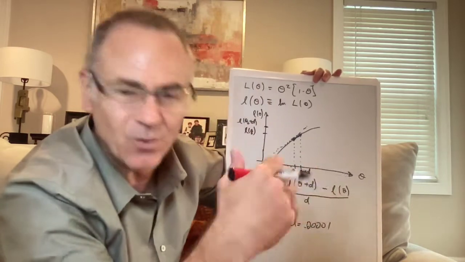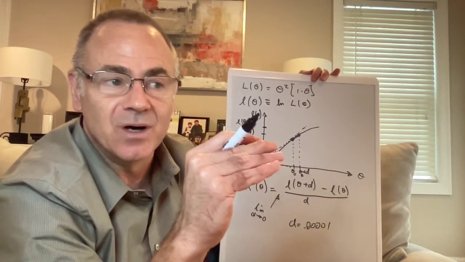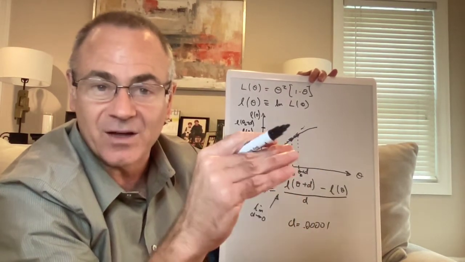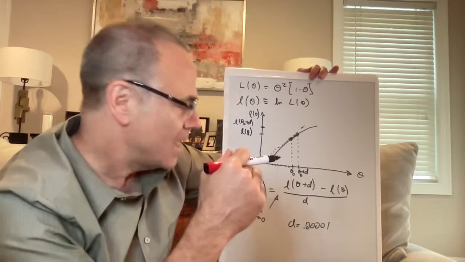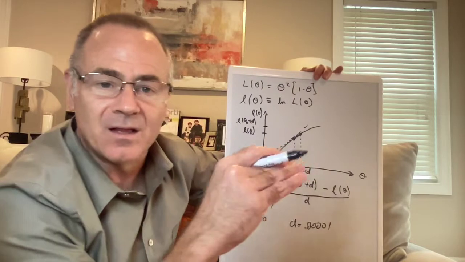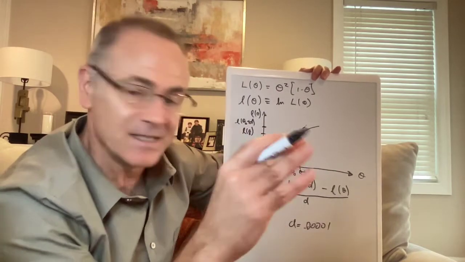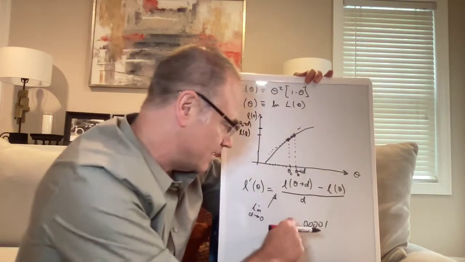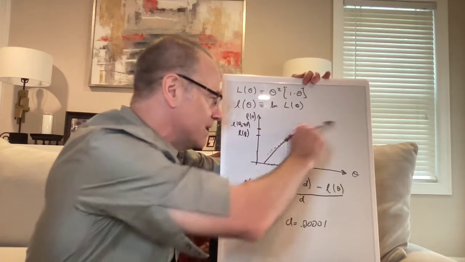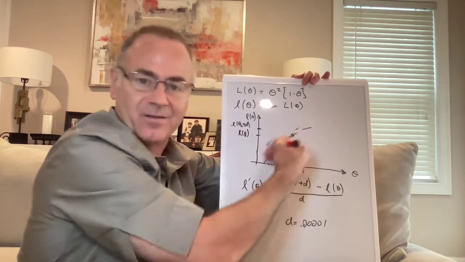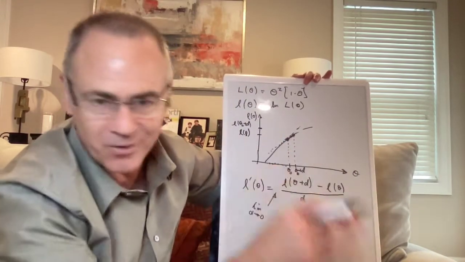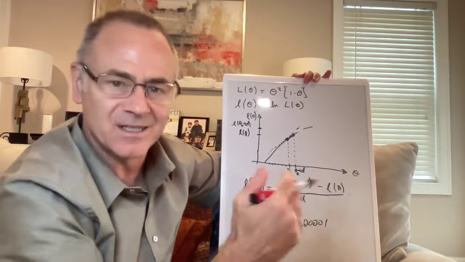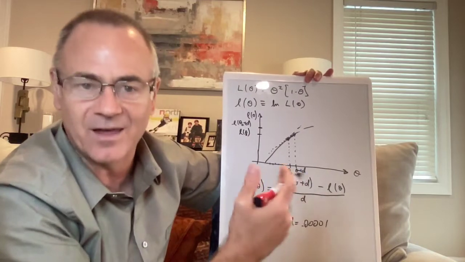I want you to skim over the reading by Gould and Scribney, which talks about this problem. It's an art. If you make d too large, you're not representing the derivative very well. If you make d too small, the computer can't represent d very well. So you need to pick an intermediate value of d.